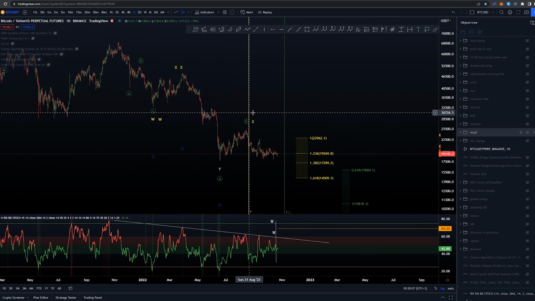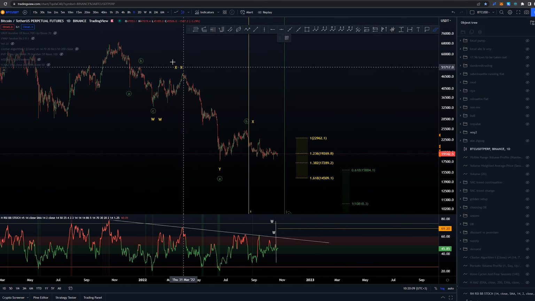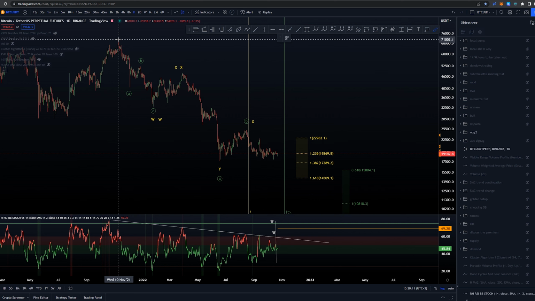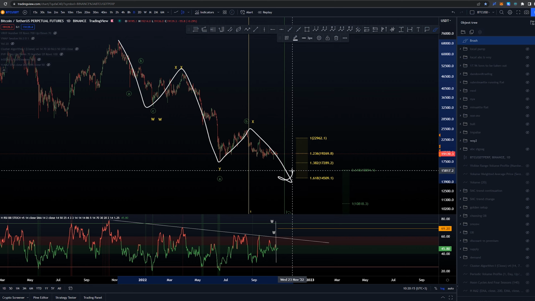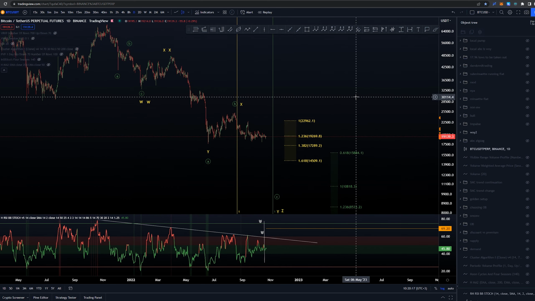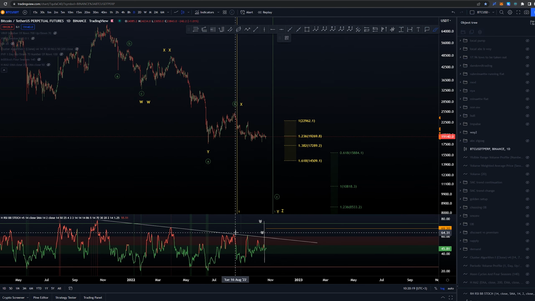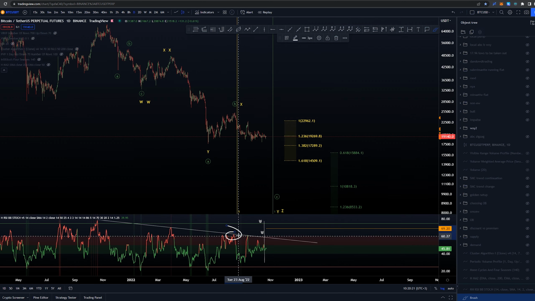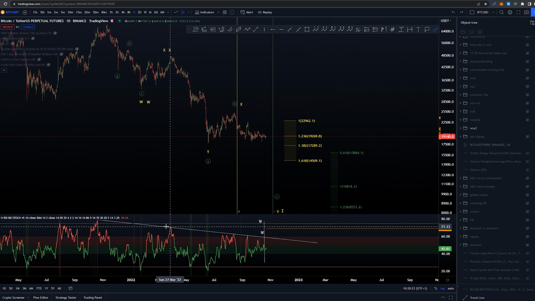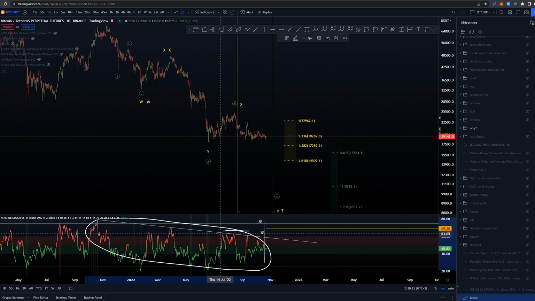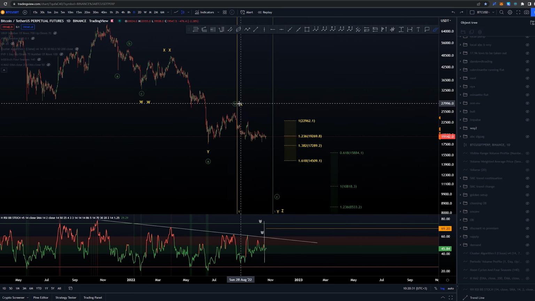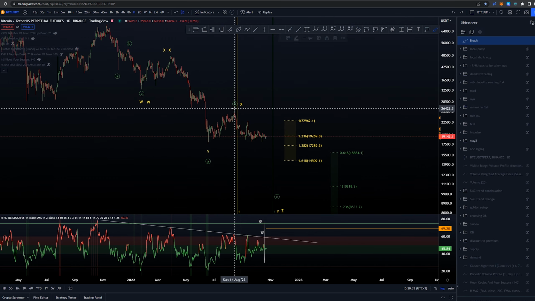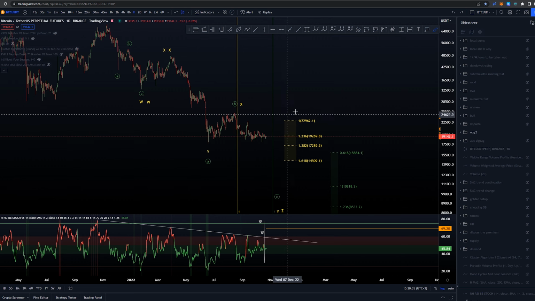Instead, if we want to be labeling this as some kind of triple correction or double correction, I would be going with the WXYXZ wave count here, with the Z wave downwards. That would still fit the idea that this wave X would not take out the highs, and therefore this whole structure would still be intact here, and we don't need to be worrying about the next structure until we have finished whatever we get here.